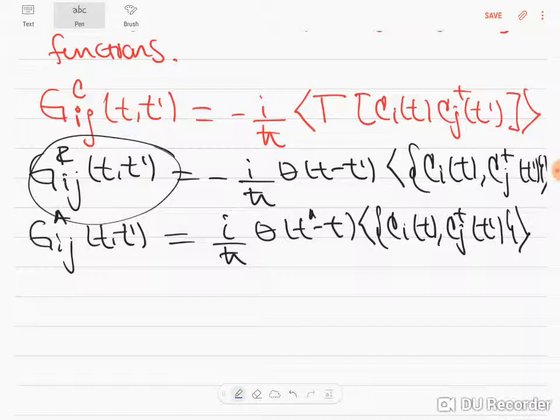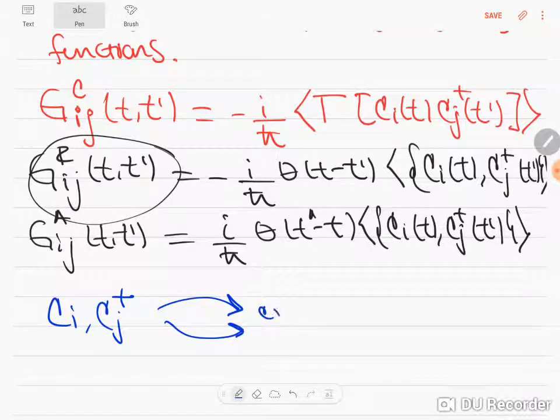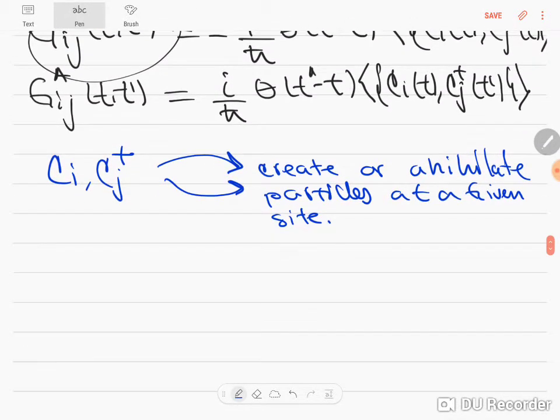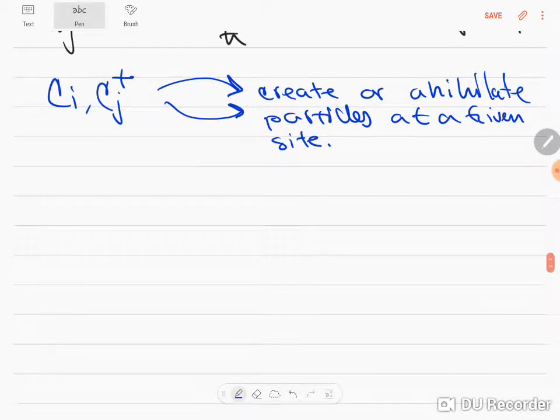So instead of having operators ci and cj dagger that create or annihilate particles at a given site, we will work in the particle number basis.